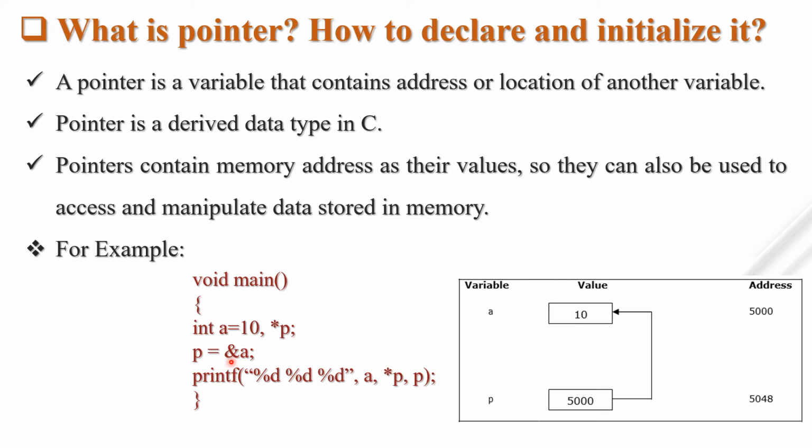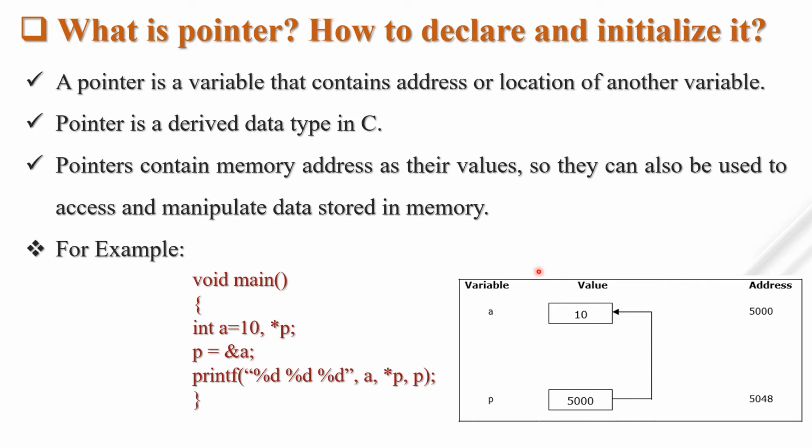At the address of a, what is the value? The value is 10. So when we write percentage d with asterisk p, it will print the value stored at that particular address. So here also 10. And what is p here? P equals the address of a, so here we will print the address of a.